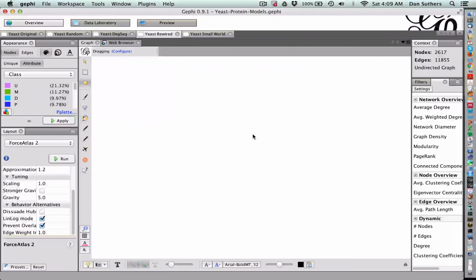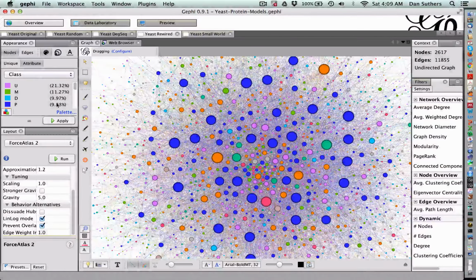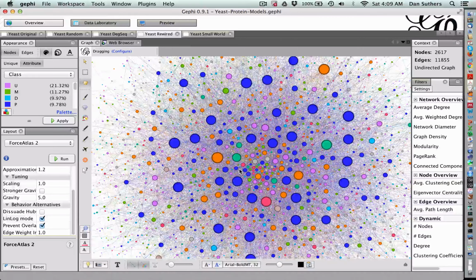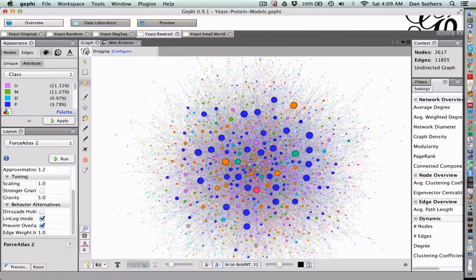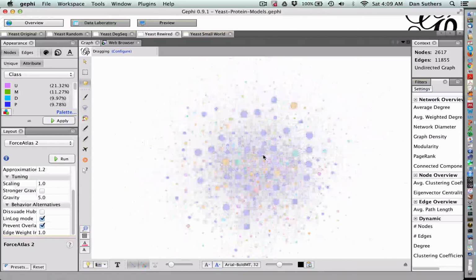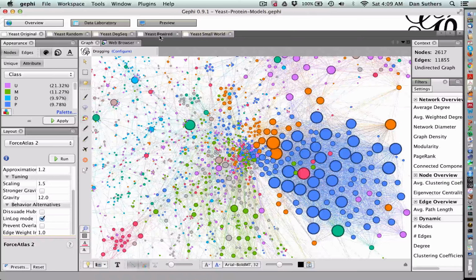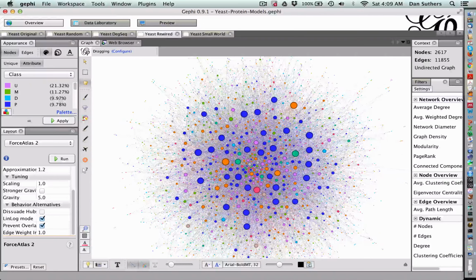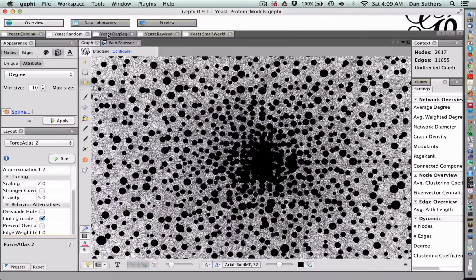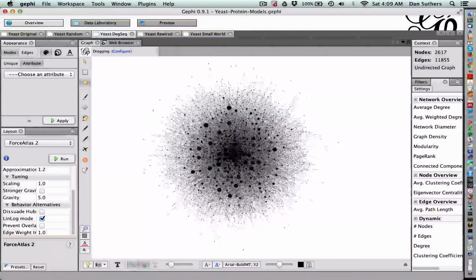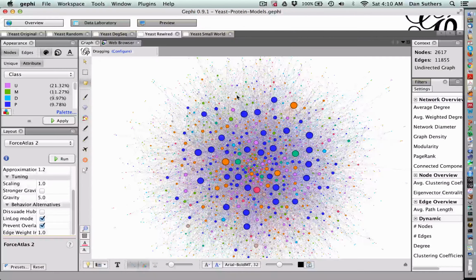So I'm able to do things like color it according to the class of the protein like I did in the other one. But here, I do have the degree sequence gave me the right distribution of vertex sizes, just like I do in the original, right? But the connectivity is more like the random or the degree sequence. It's just kind of a fuzzy mess.